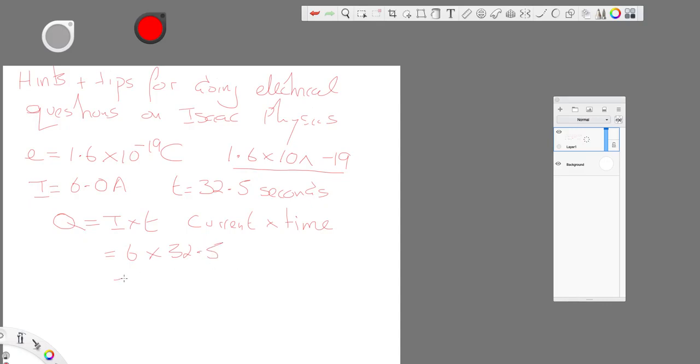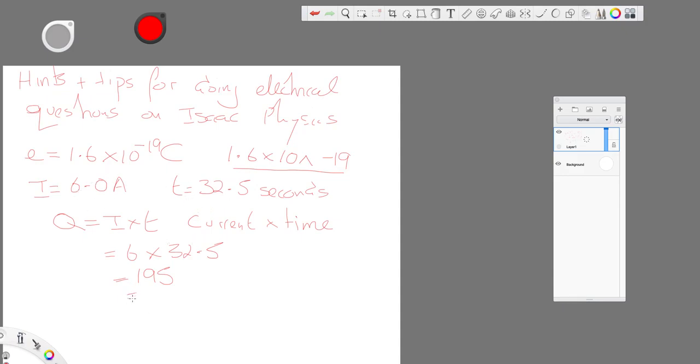Well, you would say that's 6 times 32.5. And you would say, well, 6 times 32.5, that's 195, I reckon. But the problem is, that's the two significant figures and that's the 3. You can only give the answer to 2.